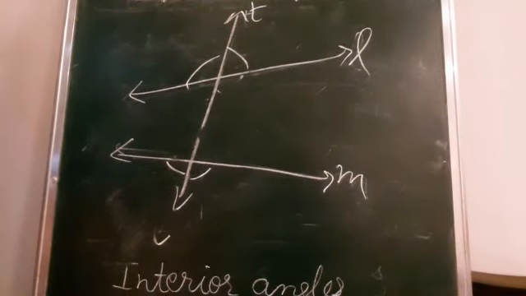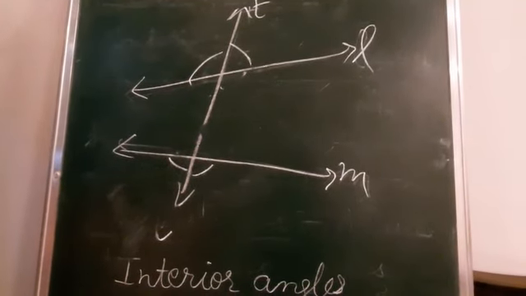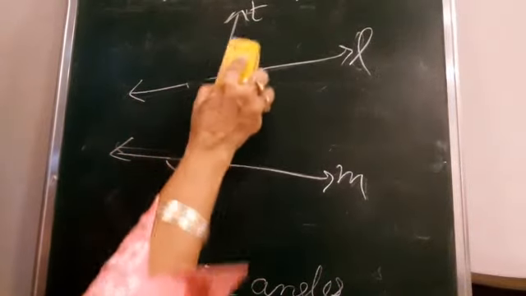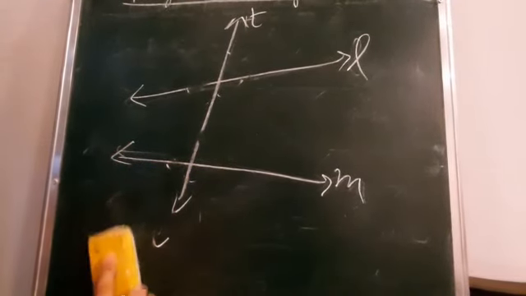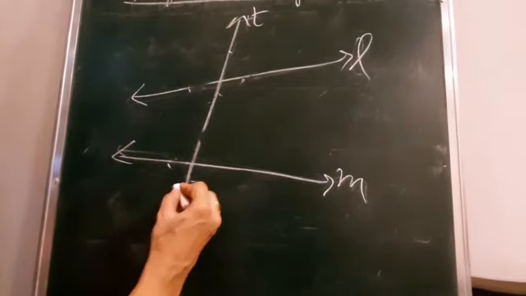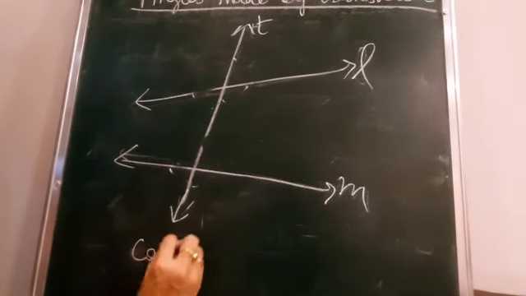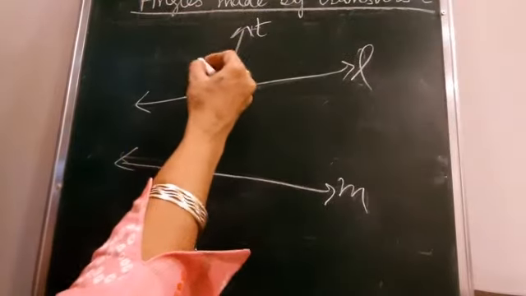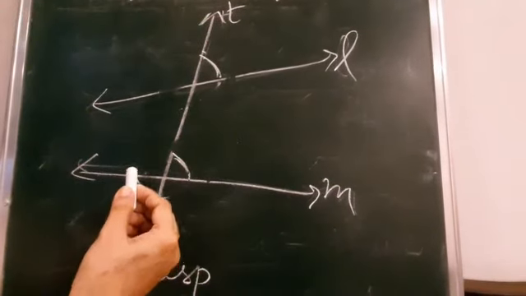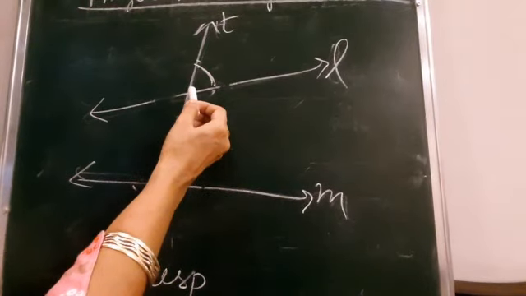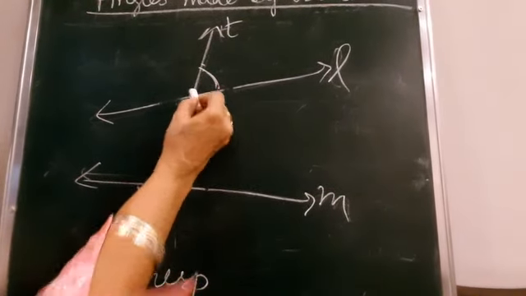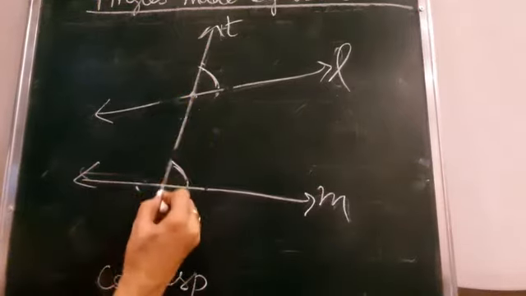Now come to pair of corresponding angles. Let me explain pair of corresponding angles. What are corresponding angles? Corresponding angles have different vertices.